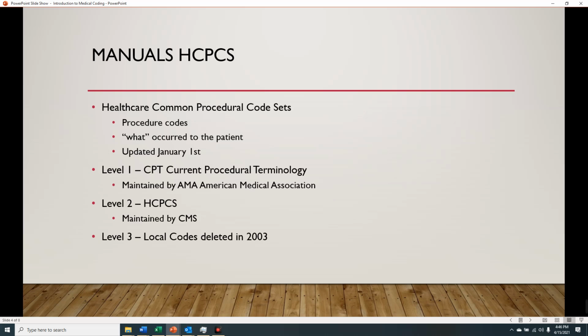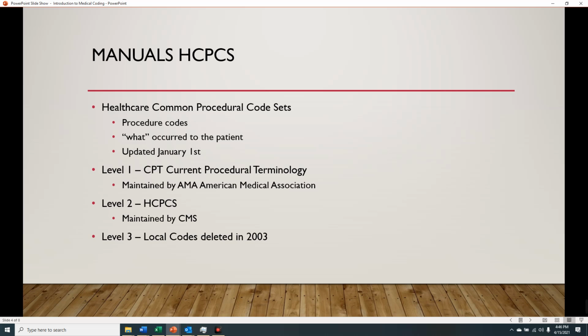Next, we have HCPCS manuals. HCPCS is the abbreviation for Healthcare Common Procedure Coding System. Again, those are going to have procedures, and it is the what occurred to the patient.